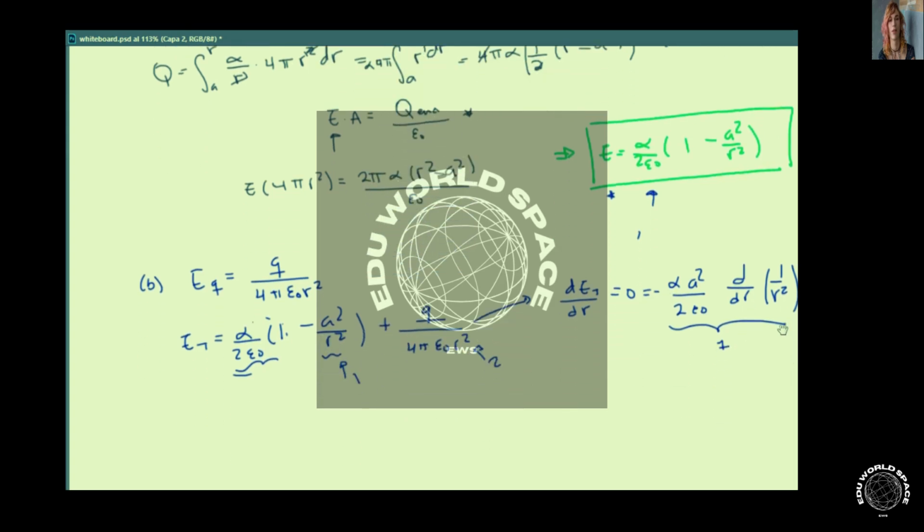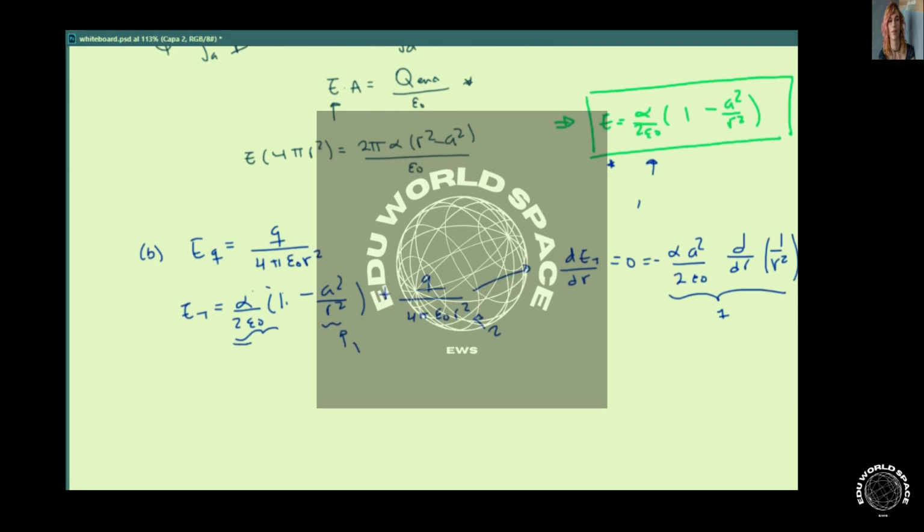I didn't differentiate everything because you can see that the derivatives are equal, and since I have this equal to 0, I can just cancel it. Then I find that for the field to be constant, I only have left these constants: minus alpha a squared divided by 2 epsilon 0, plus Q divided by 4 pi epsilon 0, equal to 0.